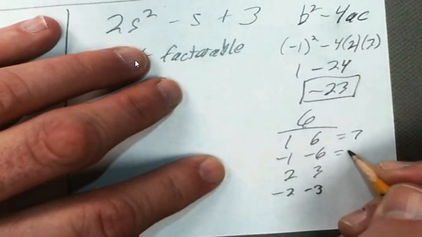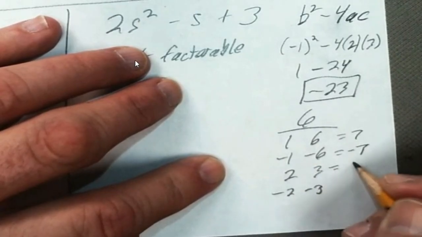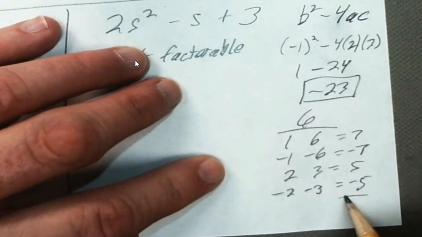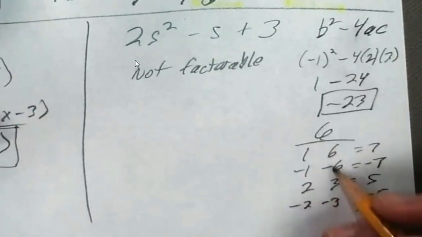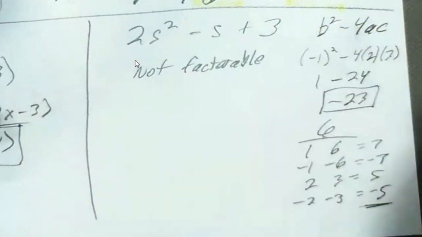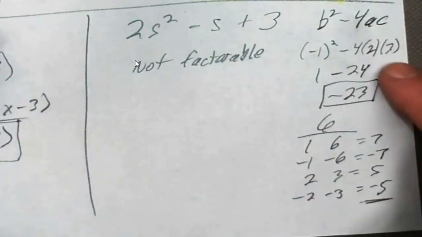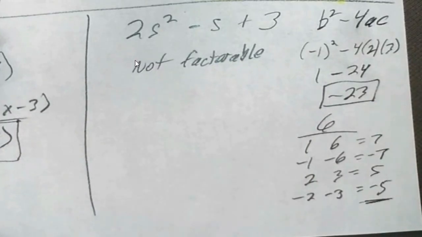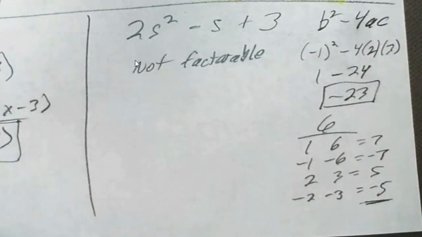Negative 1 plus negative 6 is negative 7. 2 plus 3 is 5. Negative 2 plus negative 3 is negative 5. Look, nothing equals negative 1. None of these factors of 6 will give me this term. Well, that's expected if I know that the discriminant is a negative, because it's not factorable. It's got imaginary solutions. It's not going to be anything that's going to factor into two real factors.